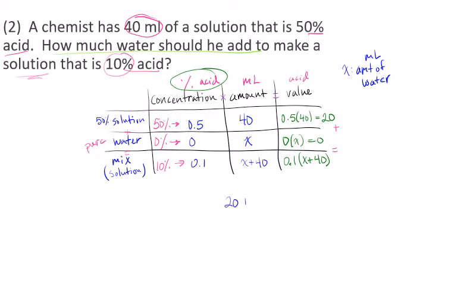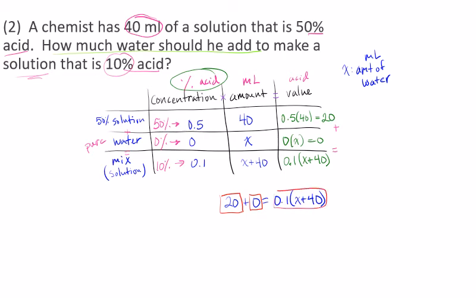20 plus 0 equals 0.1 times X plus 40. All right, and if you don't use a table, remember that you can piece it together by remembering this is the value of our 50% solution, this is the value of our pure water, and this is the value of our mixture.